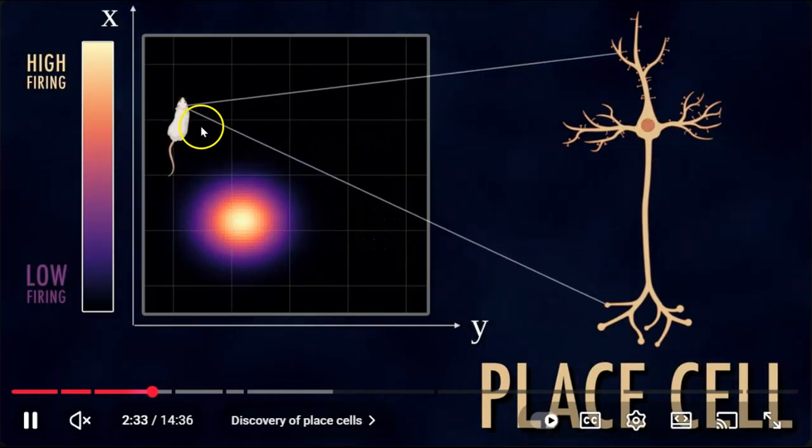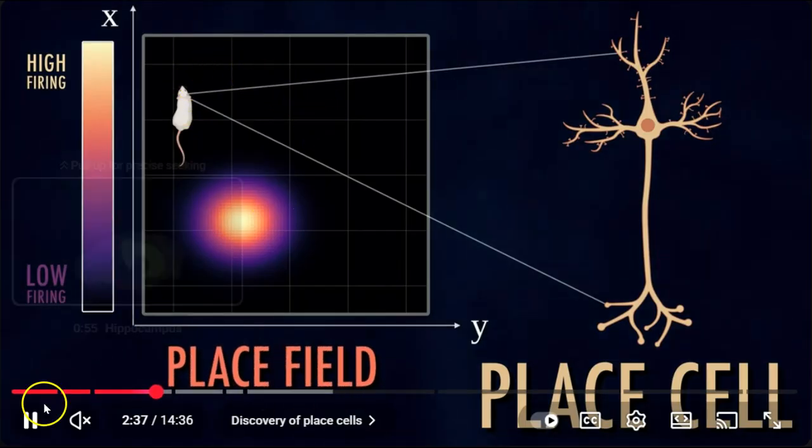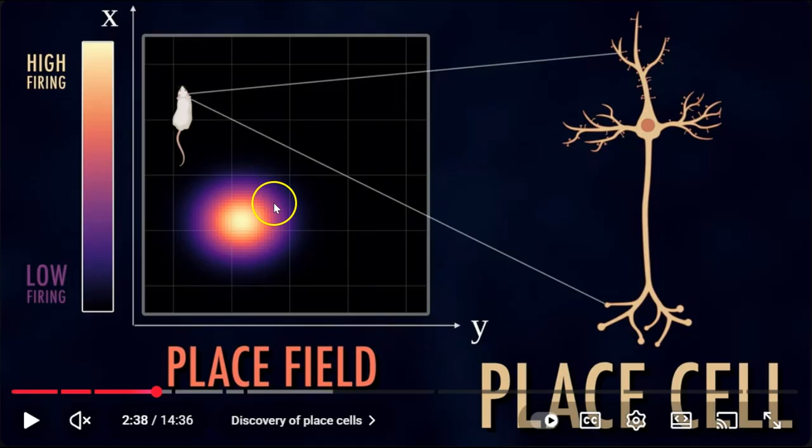Other hippocampal neurons would become activated when the rat was at a different location in space. And the particular region in space that activated a particular hippocampal neuron was called the place field. So as a rat explores its environment, you're going to get different hippocampal neurons becoming activated depending on where the rat is in its environment.